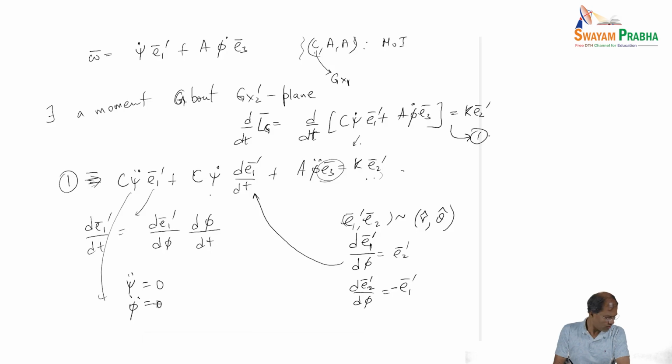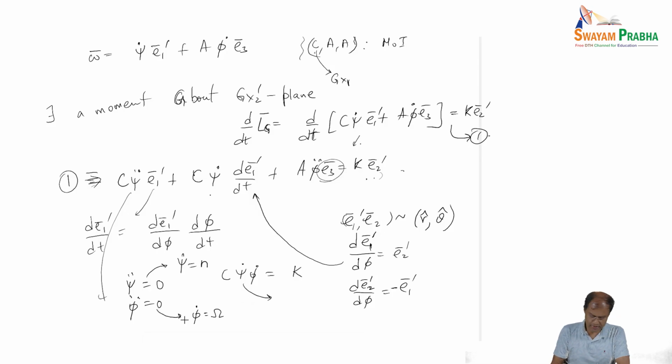Similarly, phi double dot is 0, and the third result is that C times psi dot phi dot is the moment K. Now from here, the first equation we can integrate, psi dot is n, and the second equation we can integrate, phi dot is omega.